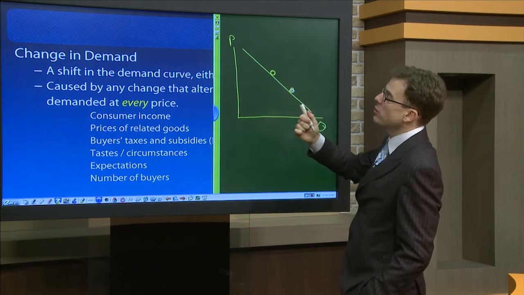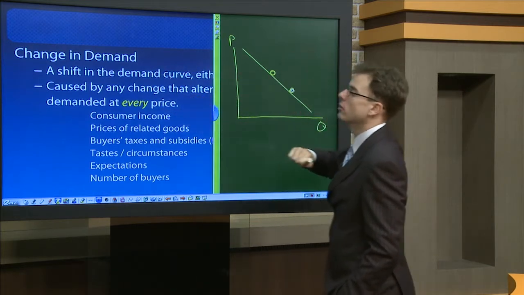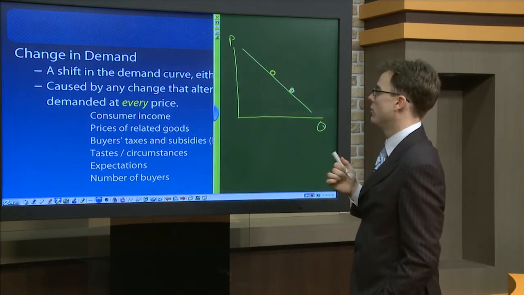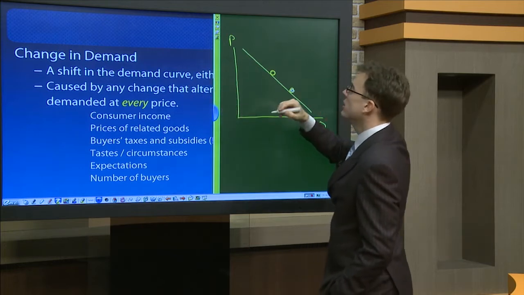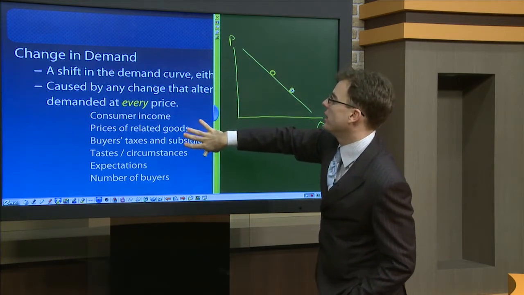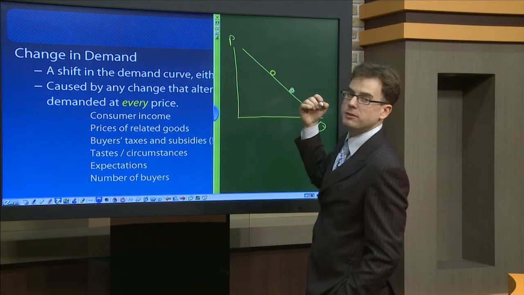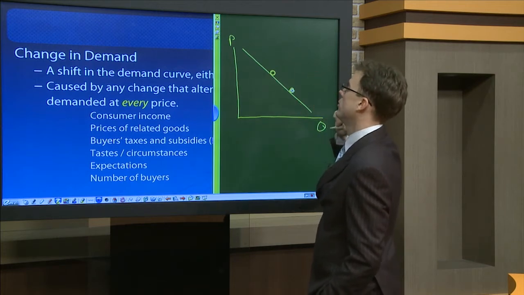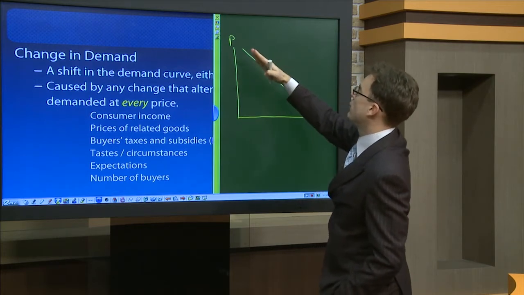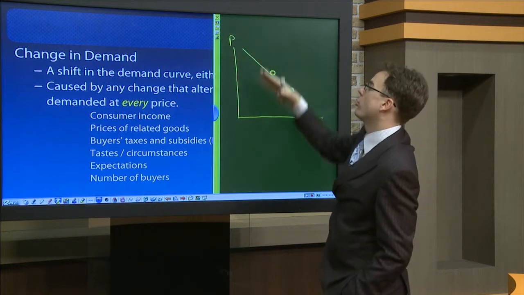When we discuss demand, we could also talk about changes in demand. When we talk about changes in demand, we're actually talking about shifts in the entire demand curve, either to the right or to the left or up or down.